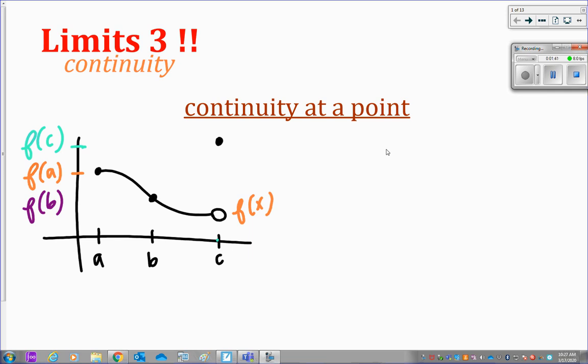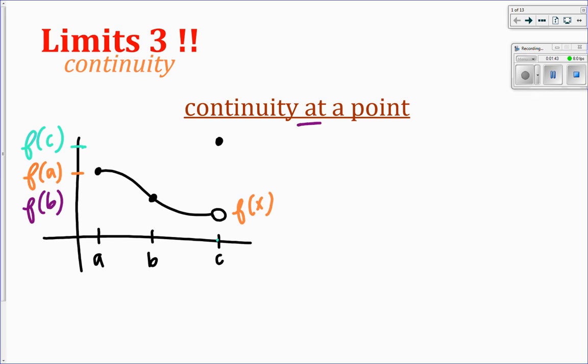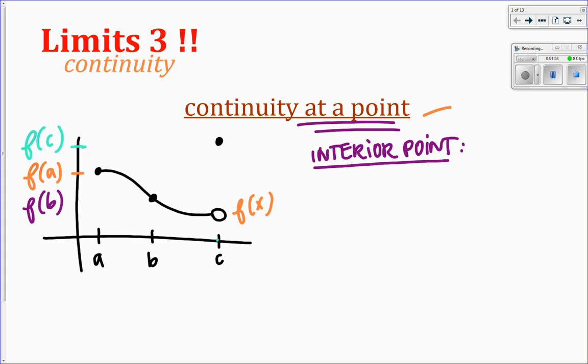We're going to talk about an interior point first. So continuity at an interior point. Interior means on the inside. We'll come back to that in a second.